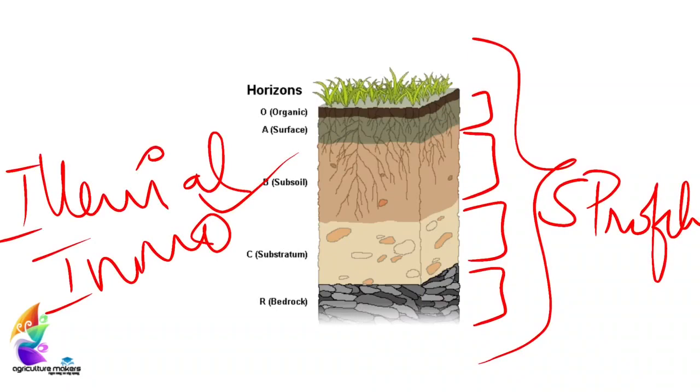And this B horizon is the zone of washing in. A is the zone of washing out and B is the zone of washing in, and maximum accumulation, that is immobilization of materials, occurs in this B horizon.